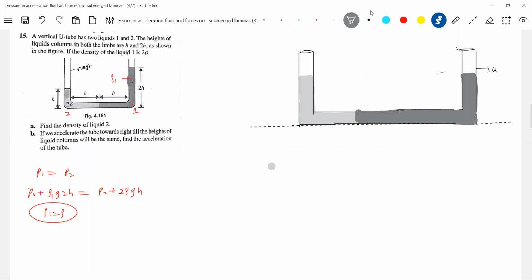What is the total volume of liquid? 2h plus h. Total length of the liquid column will be 3h.